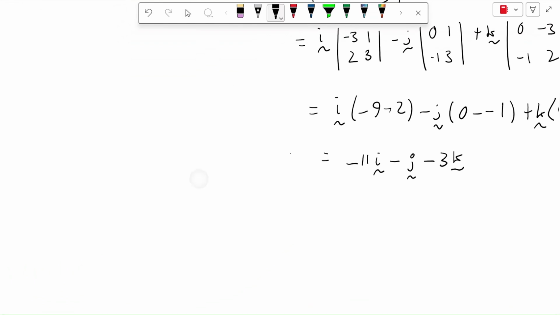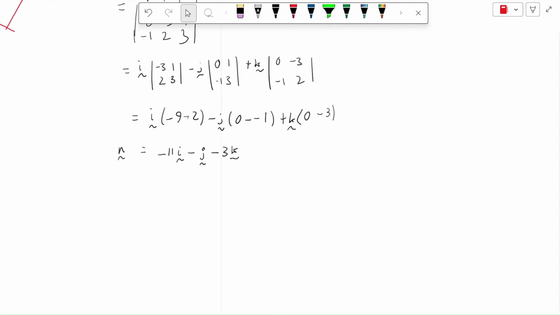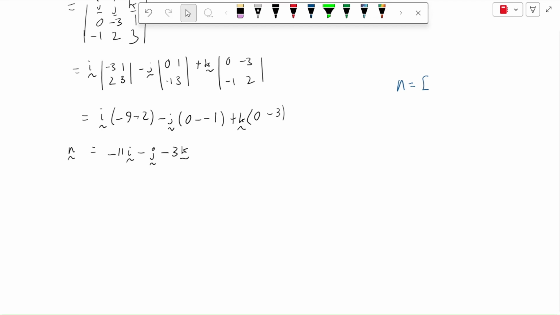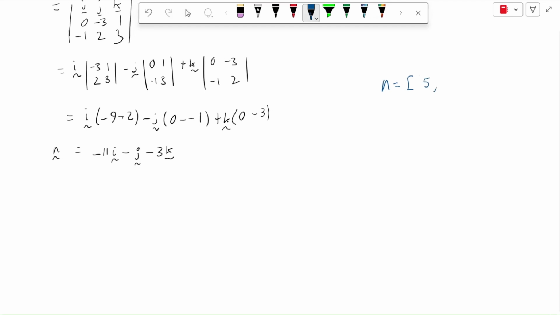Now, this is our normal vector. If you got a normal vector which was something like 5, 10, and 20, you're actually allowed to scale that normal vector down. So you could times everything by a quarter and use the normal vector 1, 2, 4.